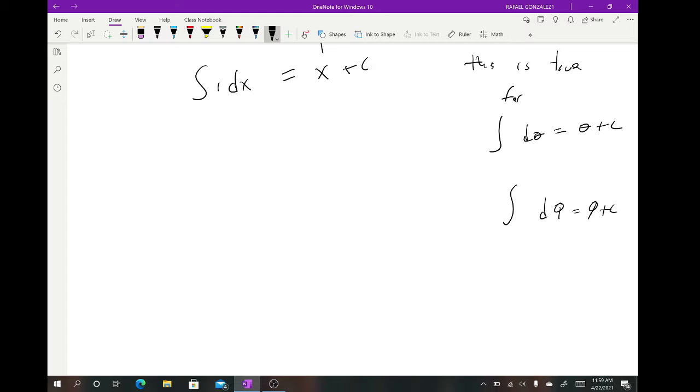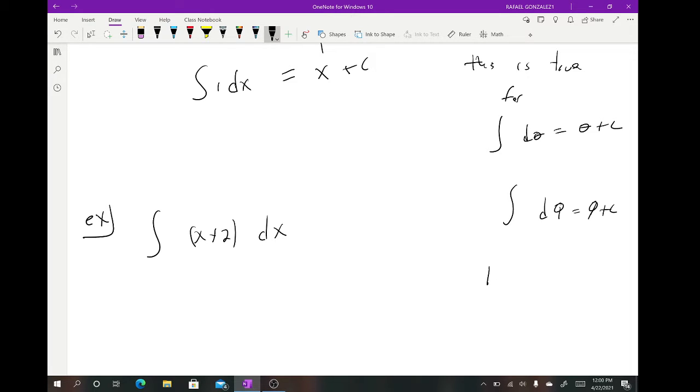All right, so let's move on to the other example. Example number 2. Well, what if somebody tells you to find the integral of x plus 2 dx? Well, if you remember, when we took derivatives, we were able to split up the derivative, like I did in the previous section.